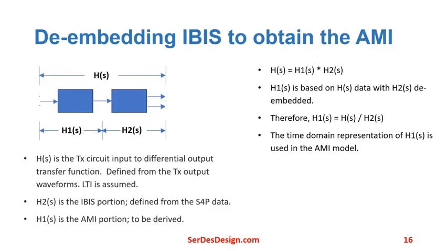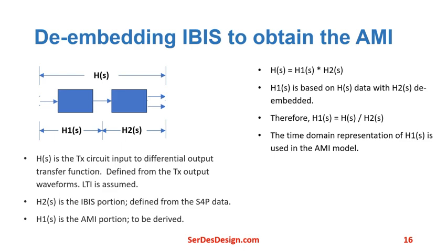Let's talk about de-embedding the IBIS characteristic to obtain the AMI model. In this figure, H(S) is the transmit circuit input to differential output transfer function as defined by the transmit output time domain waveforms. H2(S) is the IBIS portion and is defined from the S4P data. H1(S) is the AMI portion that must be derived.